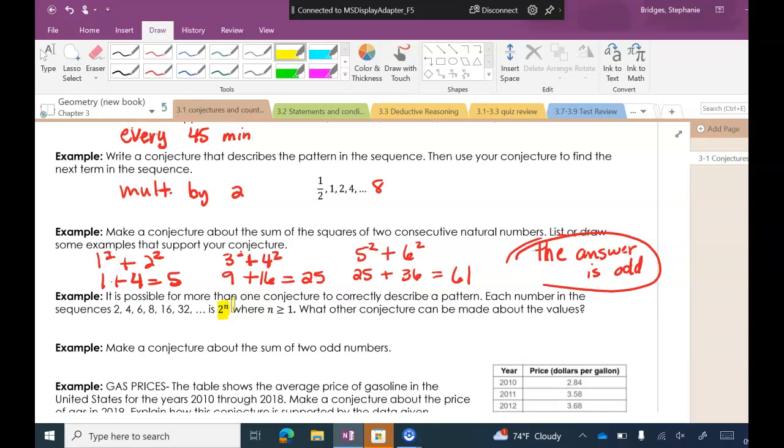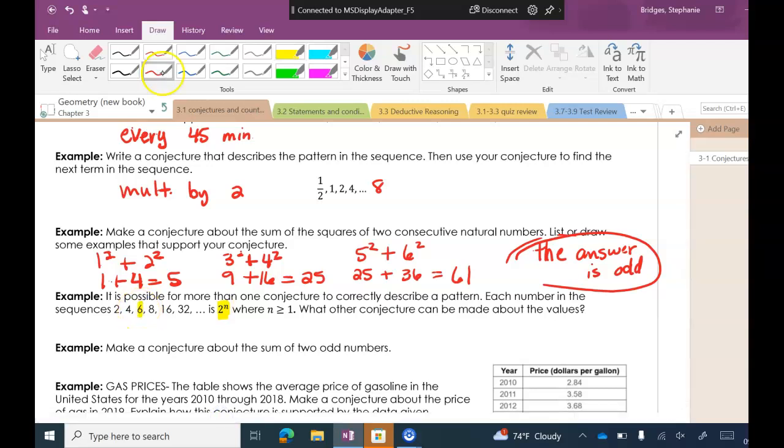Hold on. Let me pause for a minute. Because you add 2, you add 2, you add 2, and then you start multiplying by 2. Hold on. You know what I think?